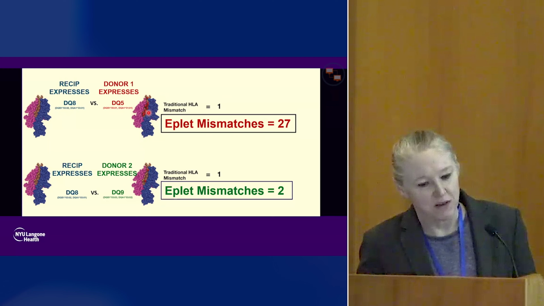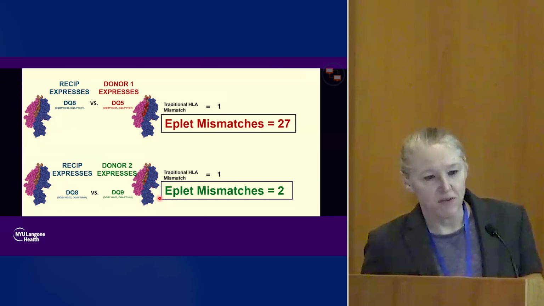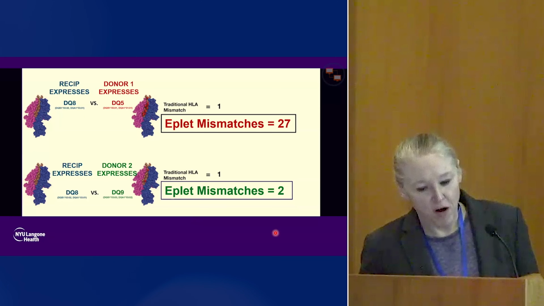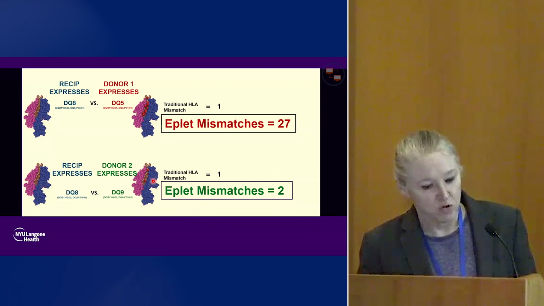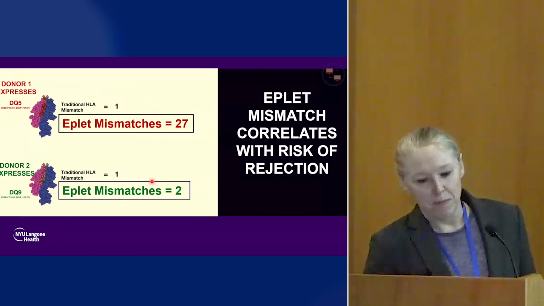So 27 spots on this protein that structurally look different from the recipient's protein, compared to this other potential donor where there are only two. So if you talk about it in the context of opportunity for immunoreactivity or rejection, this is the far better donor. There are only two opportunities for the recipient immune system to target or attack this molecule. And so this is what EPLET matching is.